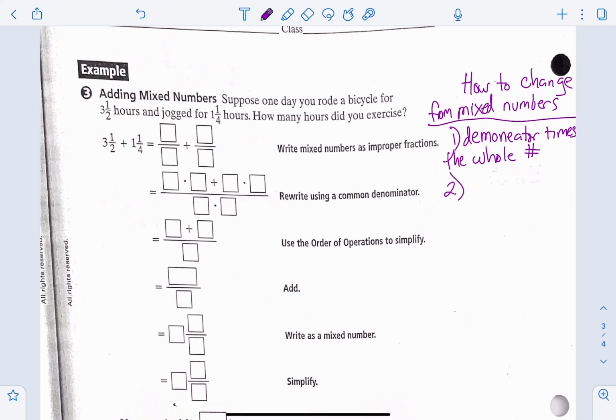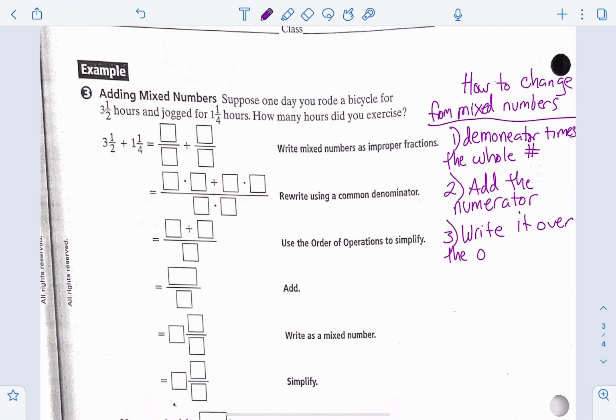Step 2, add the numerator to what you just got. And then step 3, just write that answer. So write it over the original denominator.